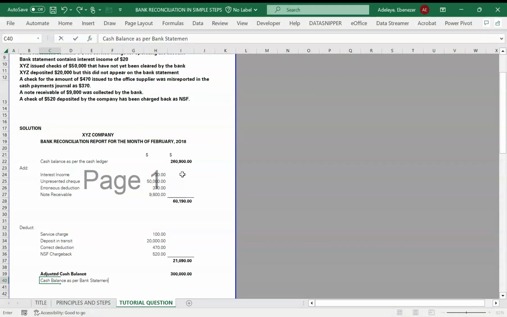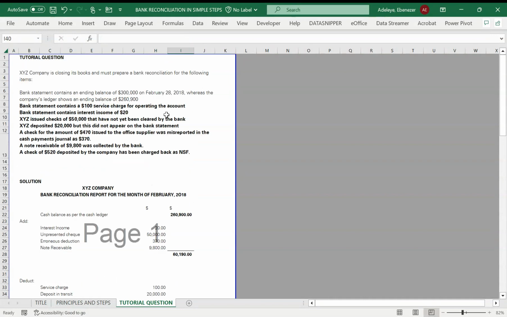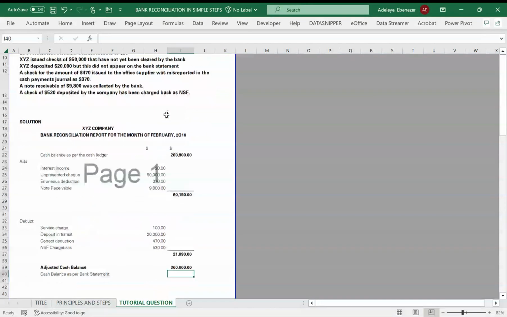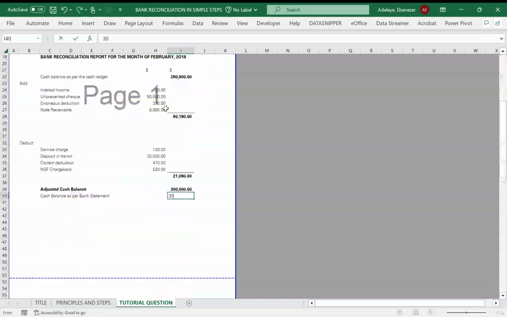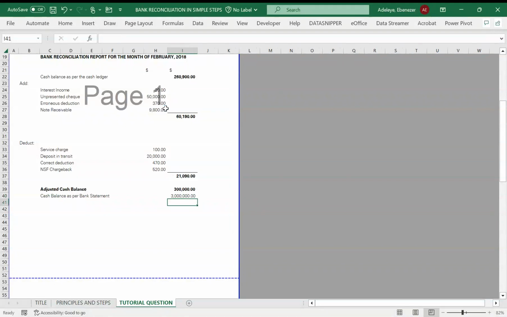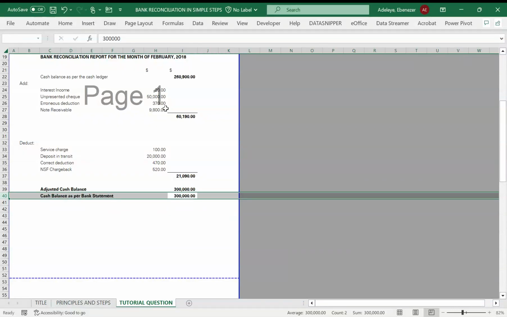We can see from our question the cash balance as per our bank statement is 300,000 as well. Right, so I'm going to have this in as well.